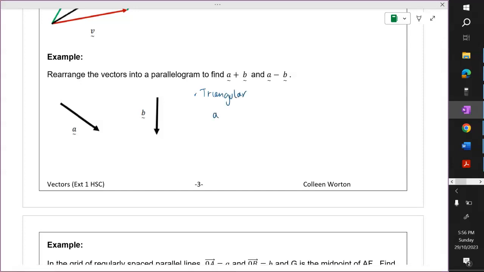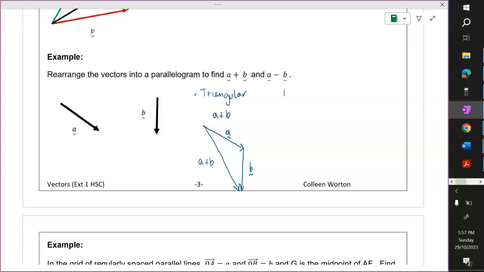In that case, for a plus b, I'd have my vector a, which is there. And then when I'm using the triangular method, I'm getting my b vector and starting at the tip of my a and drawing that vector there. So my addition of a plus b goes from tail to tip. So that would be a plus b.